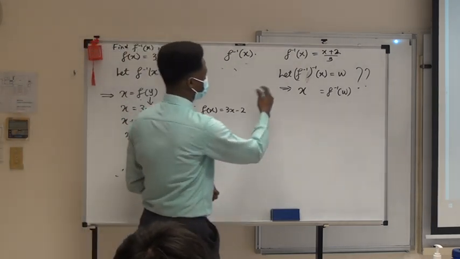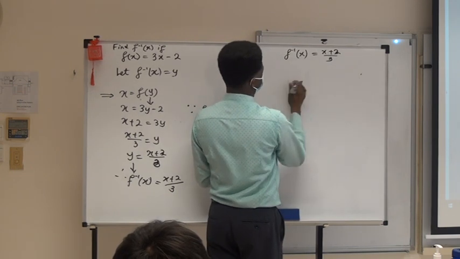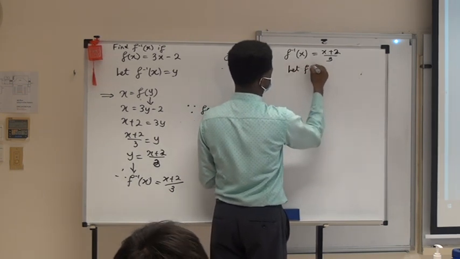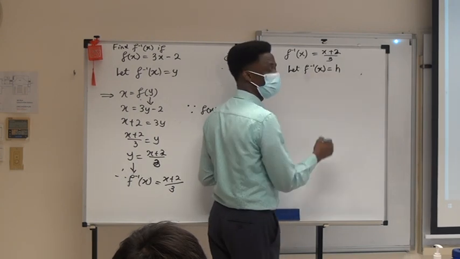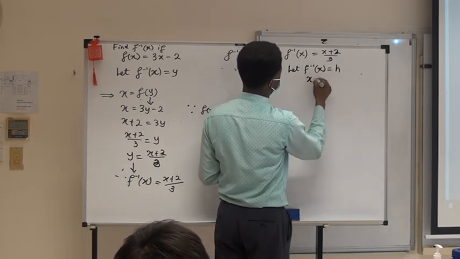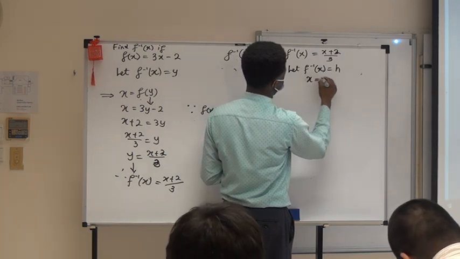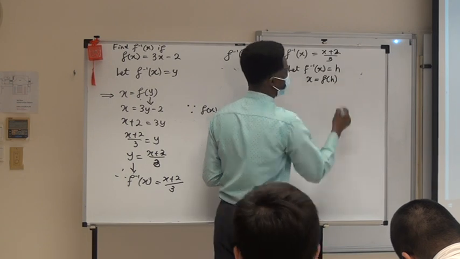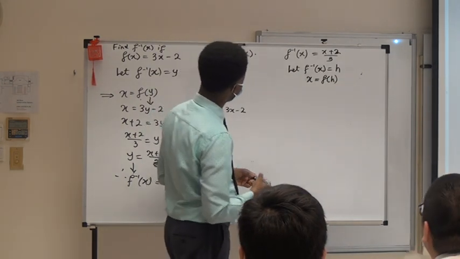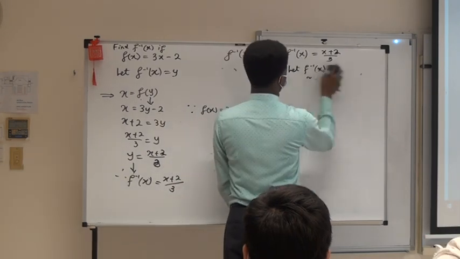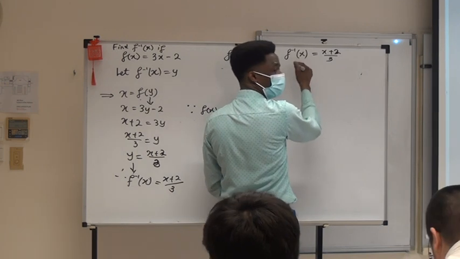So what most of you did in the class activity is let the inverse itself be maybe some h. Then you did x is equal to f of h. Is this what you did? This is the same method as the other one. Remember, we are finding the inverse of this, right?